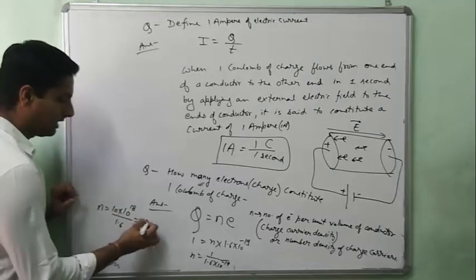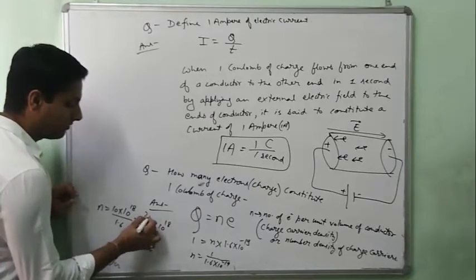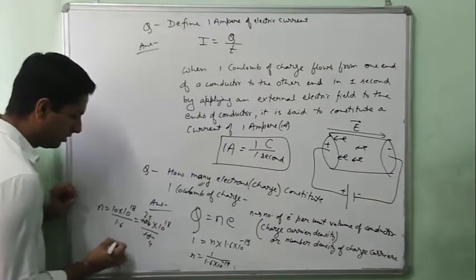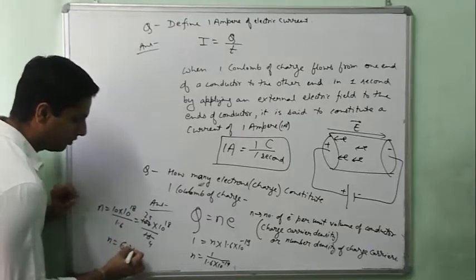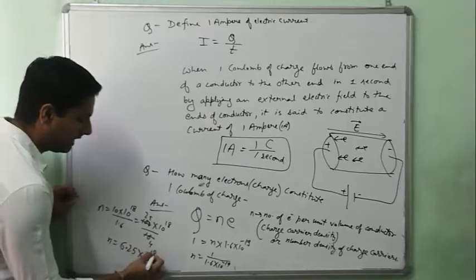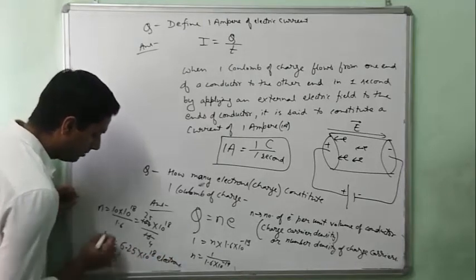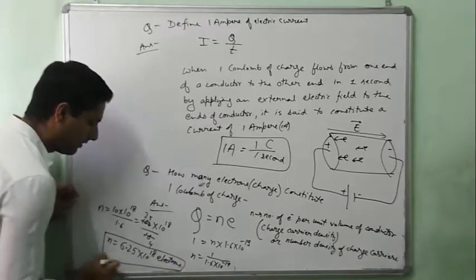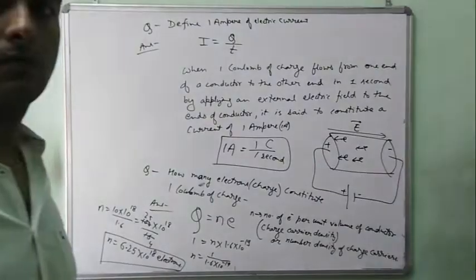So you can write 100 into 10 raised to power 18 divided by 16, which can be 25 by 4, which in turn will be 6.25 into 10 raised to power 18 electrons. That means your 1 coulomb charge consists of 6.25 into 10 raised to power 18 number of electrons traveling.